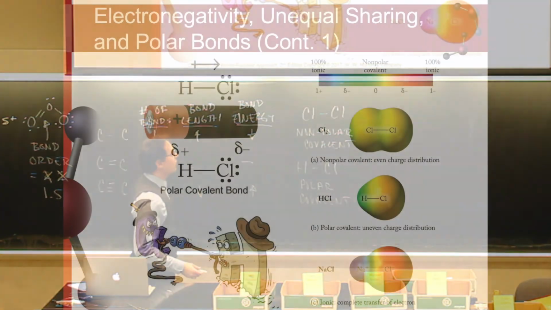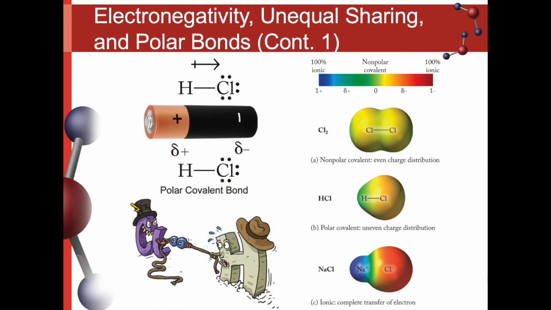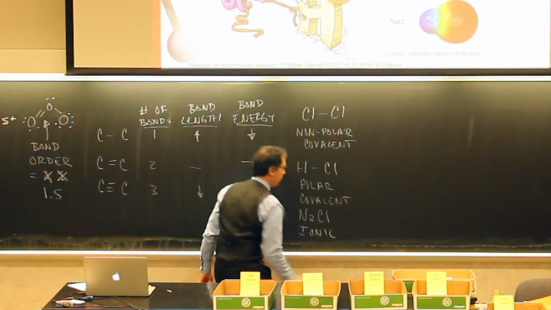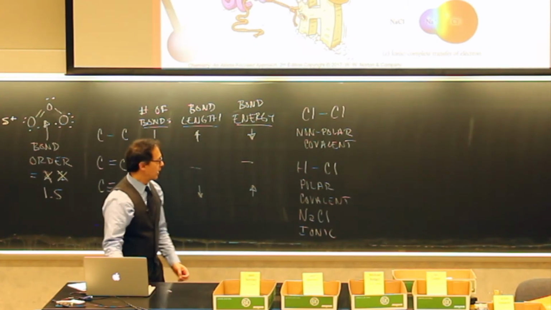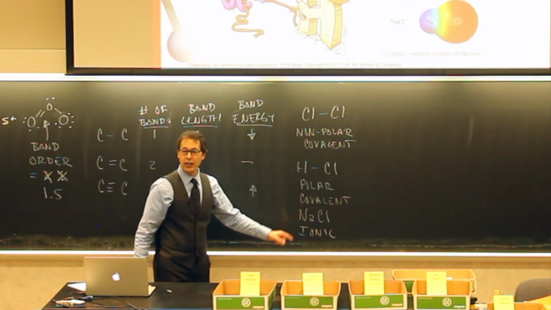And then the last one there is NaCl. And this one is not nonpolar, and it's not polar, it's ionic. And say, well, that's different. How do I know that this is ionic? Grace.